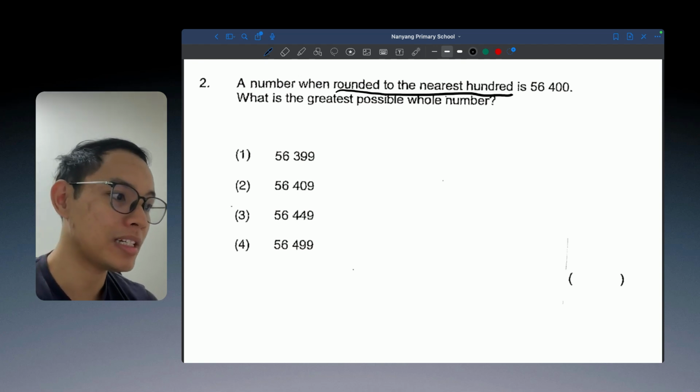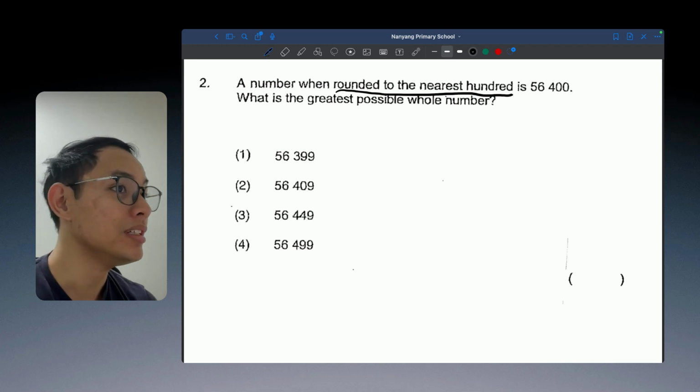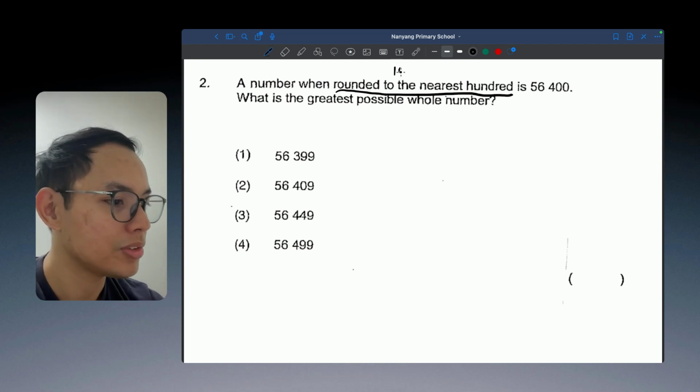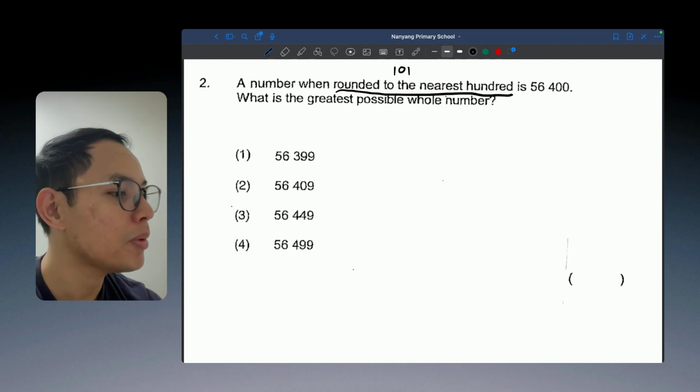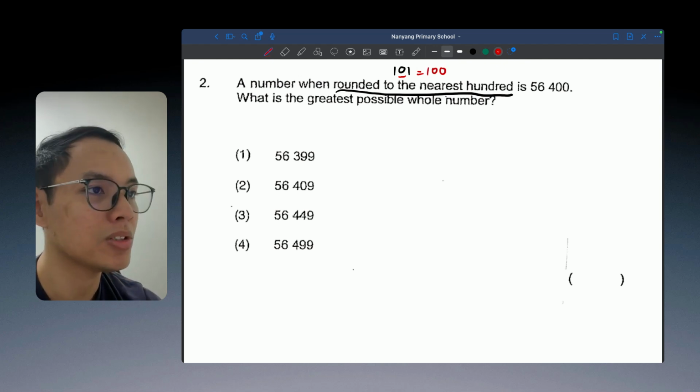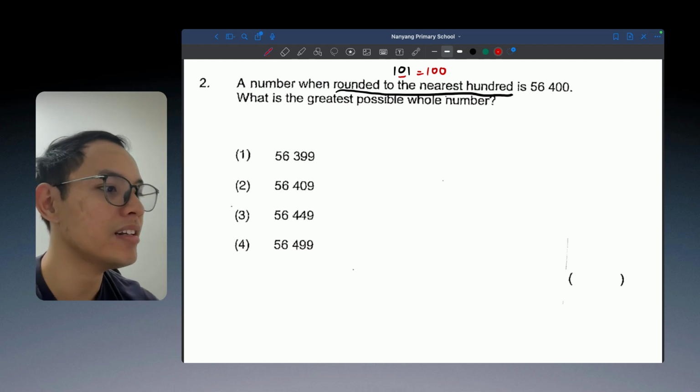For example, if I have 101 and I round to the nearest hundred, I need to look at the number in my tens place to see whether I need to round up or round down. In this case, it should be rounded to 100, because 0 is less than 5.